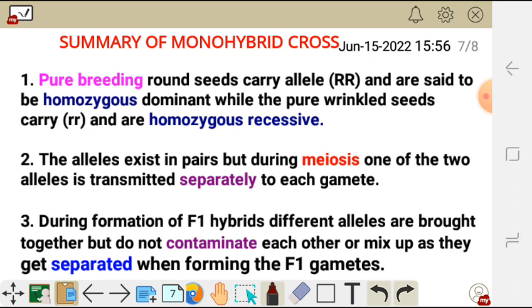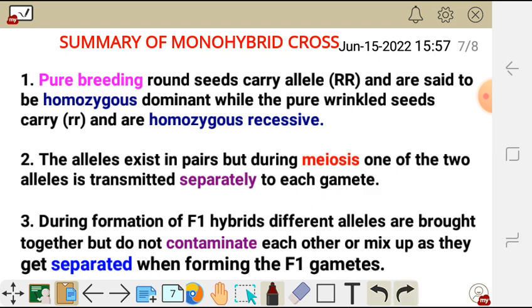And then the alleles exist in pairs, but during meiosis they separate, and one of the 2 alleles is transmitted separately to each gamete. So each gamete will have 1 allele.